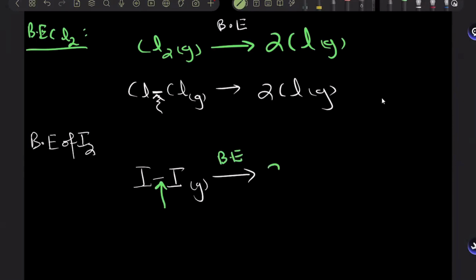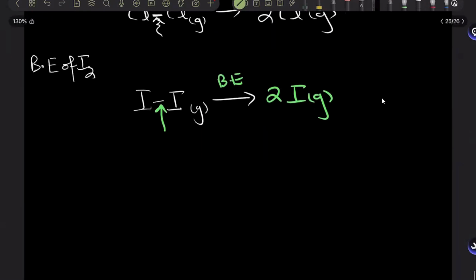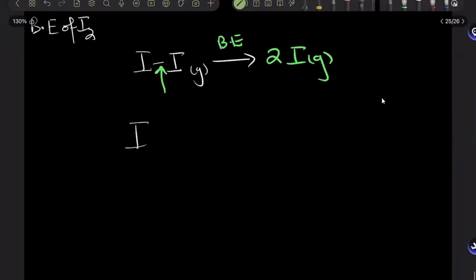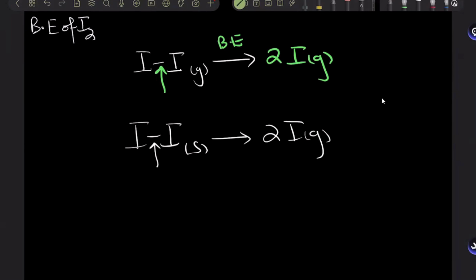These two iodine atoms would break off from each other and convert into isolated gaseous atoms. At this time, this is bond energy, but iodine at room temperature is not in gaseous state. It's a solid molecule. So if I try to break this solid molecule into 2I gaseous, do you think this is bond energy?